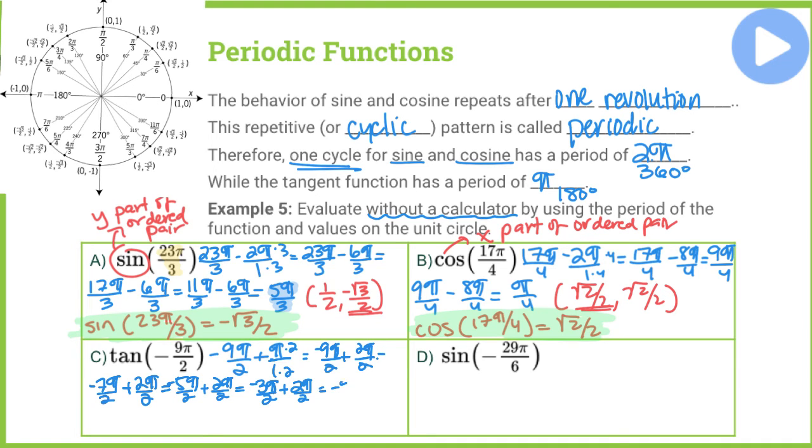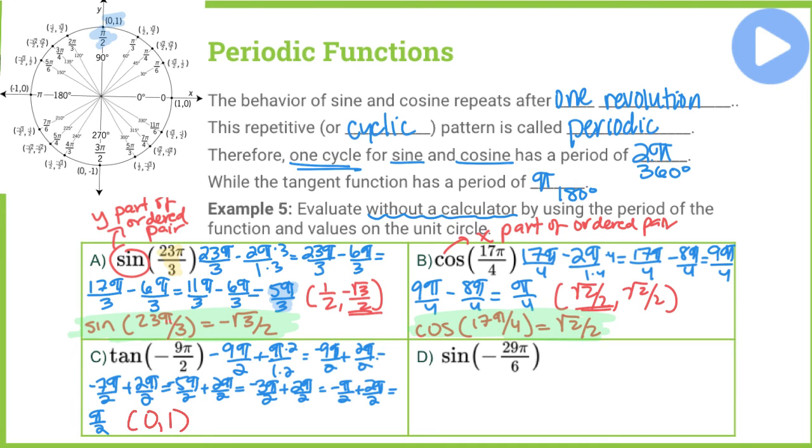And that would get us to pi over 2, which is on the unit circle right here. And the coordinate point that we need is 0, 1.